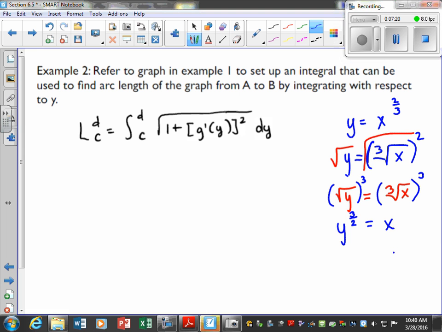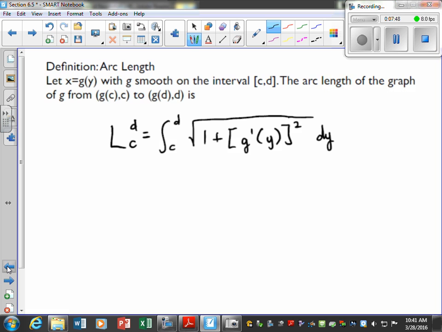So we'll say x prime is equal to the derivative of this side, so that would be what? 3/2 y to the 3/2 minus 1, which is what? To the 1/2 power. We could change this format, but I'm just going to leave it here for now. So let's come over here. Our L, if we look back, what are the y values? Let me go back over to that picture.